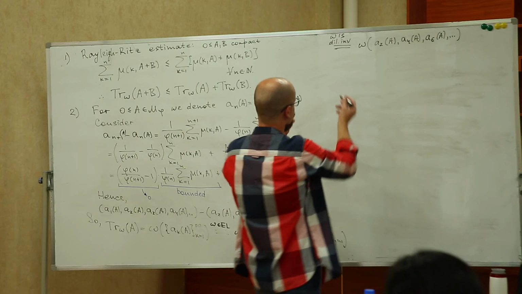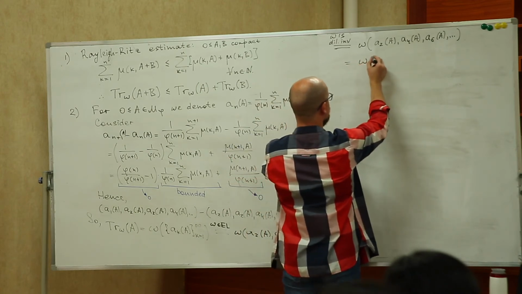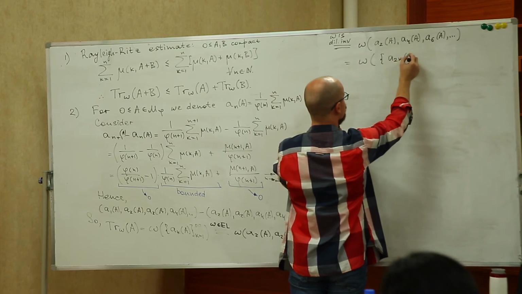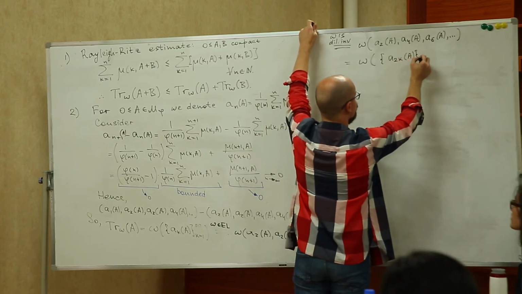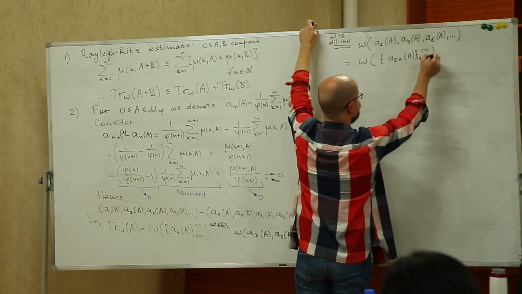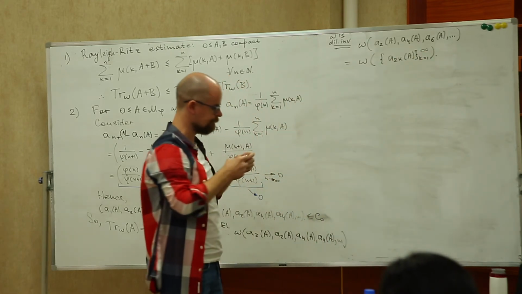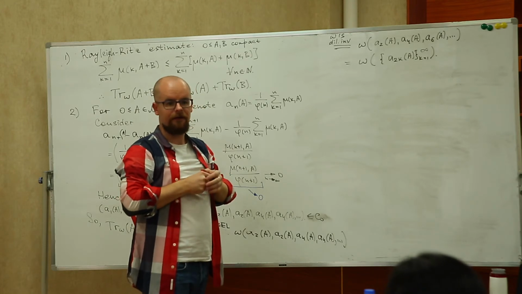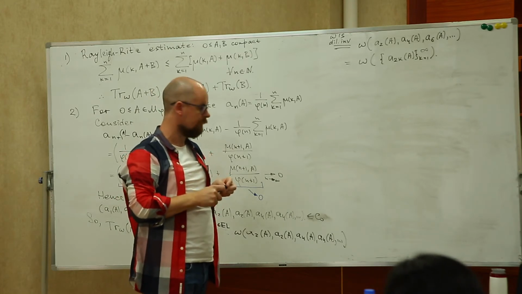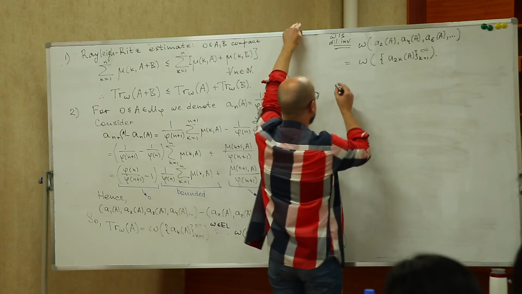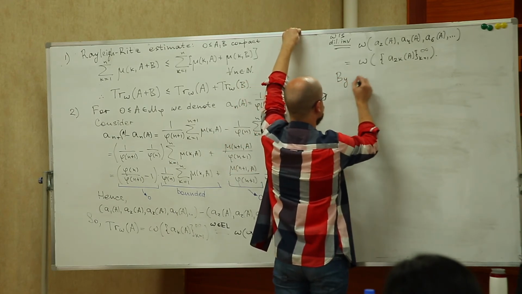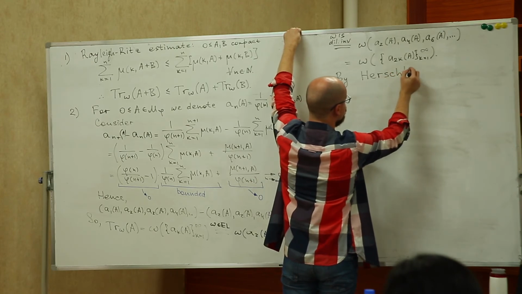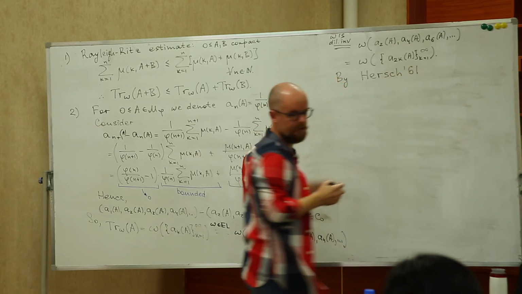So, we can write it as omega of the sequence A2k. That's how we can write it. And then we will need another inequality on the singular values. This is due to Hirsch, paper in 1961.